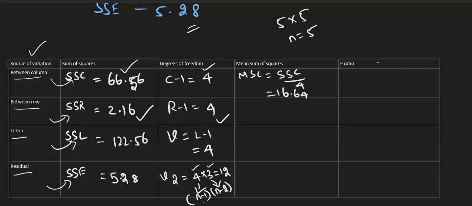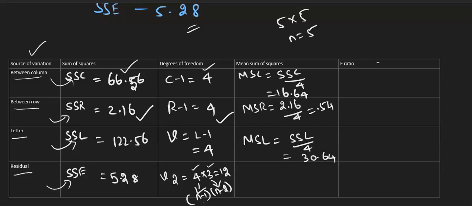Similarly MSR is 2.16 by 4, which is nothing but 0.54. Similarly MSL is SSL by 4, which is nothing but 30.64. And MSE is again 5.28 divided by 12, which is nothing but 0.44.